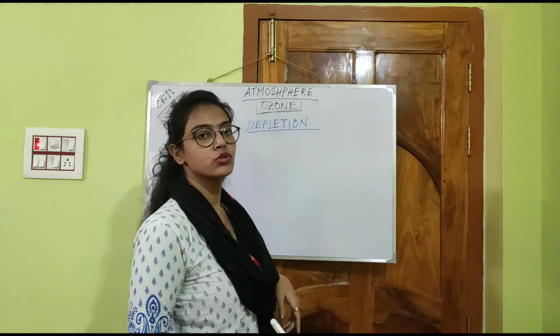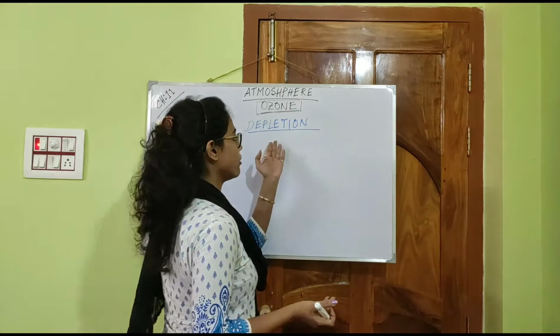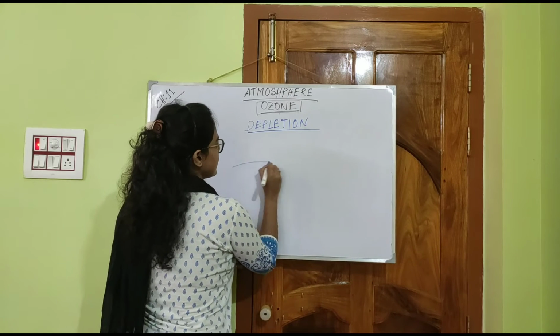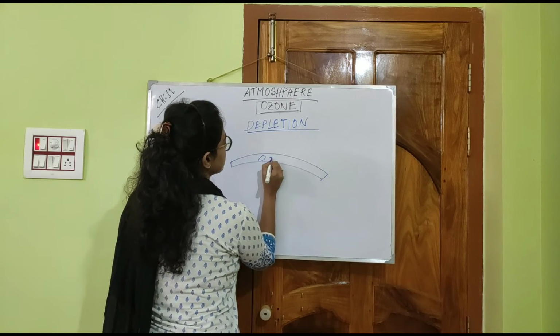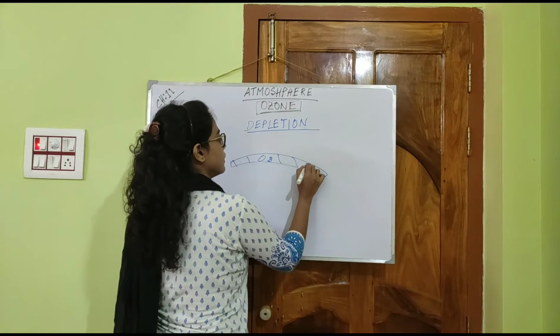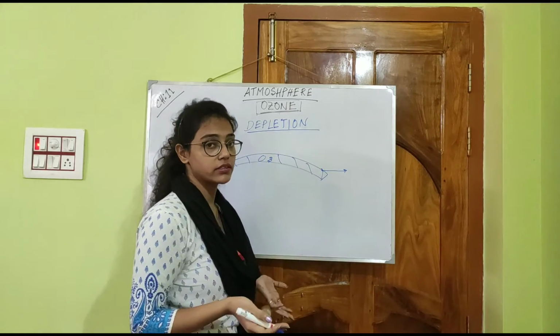Now next is ozone depletion. We read how ozone is forming. Now how is the ozone depleting? In the stratosphere there is a layer of ozone gas, and this layer looks like a solid layer, but it is not solid, it is a gas layer.